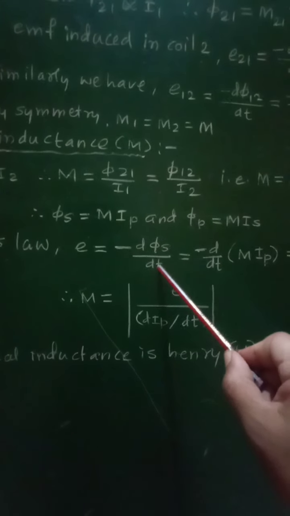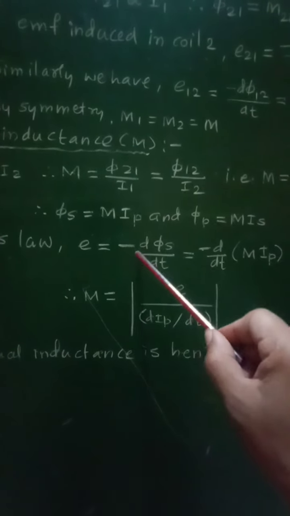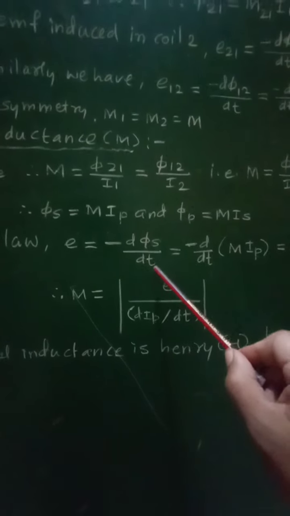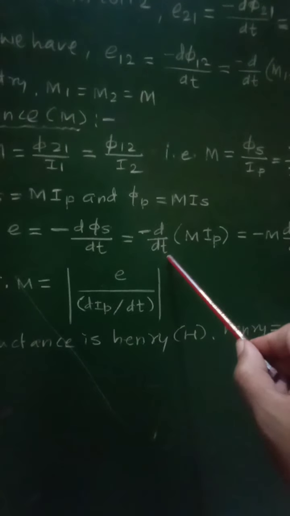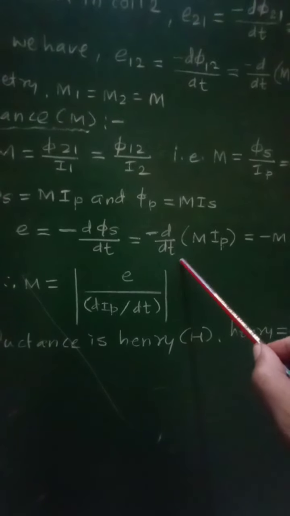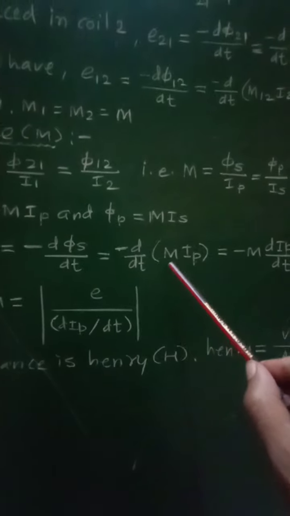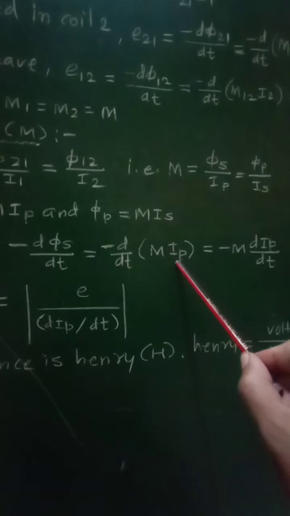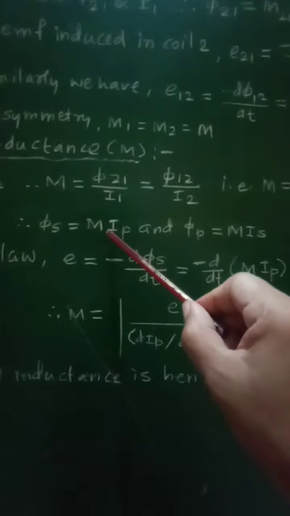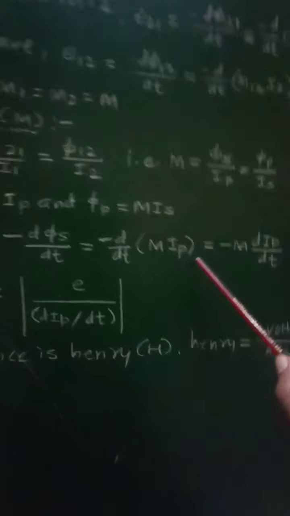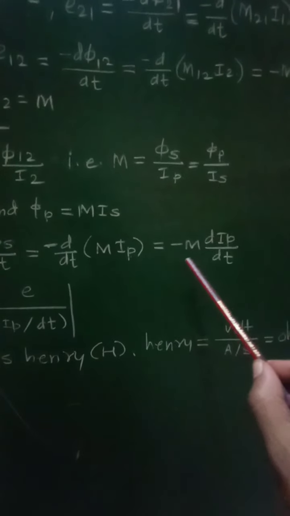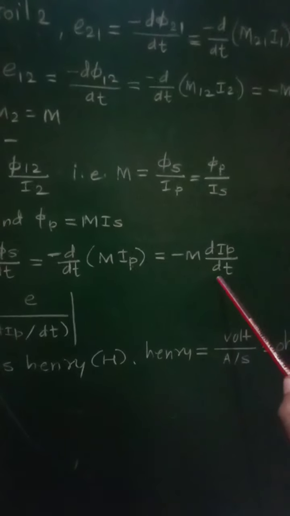That will be equal to minus d by dt of M Ip, because phi s is M Ip, and that equals minus M dIp by dt, as M is constant.